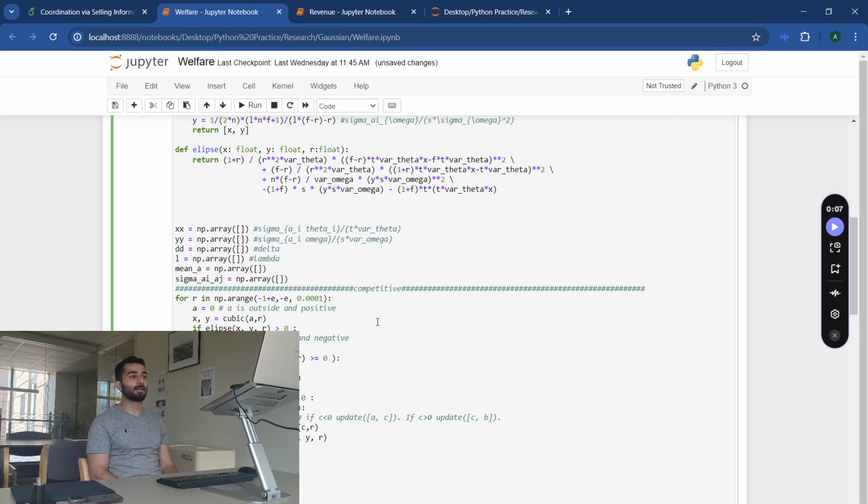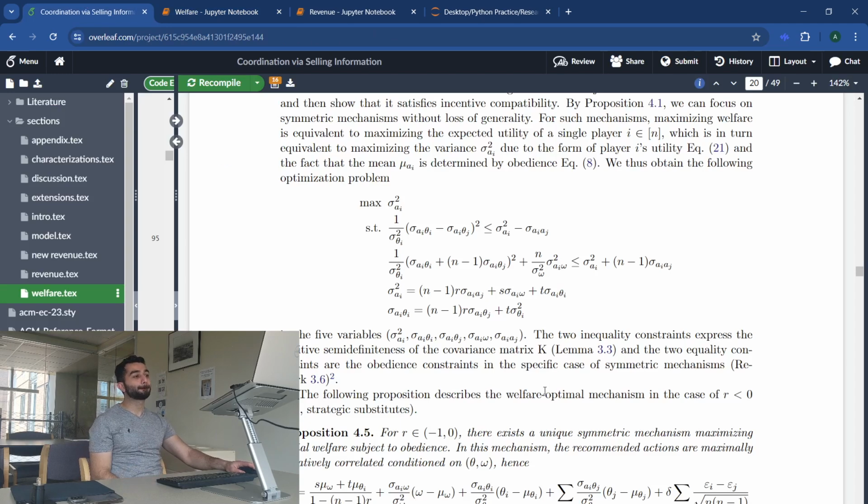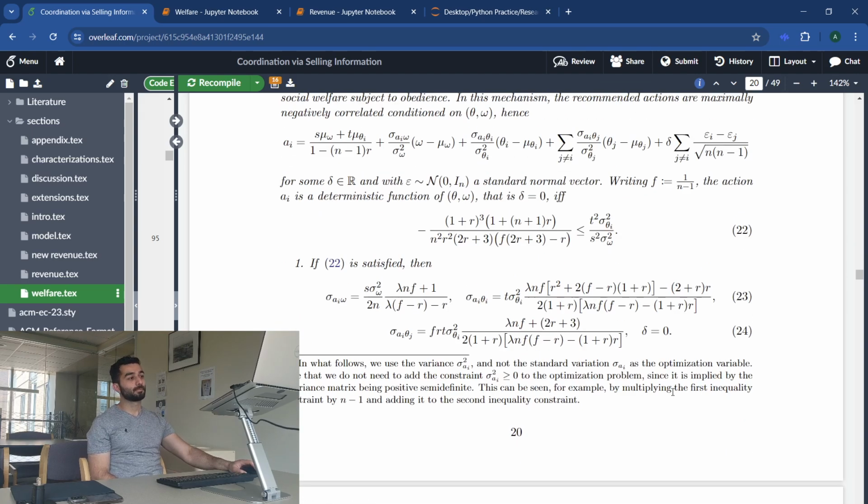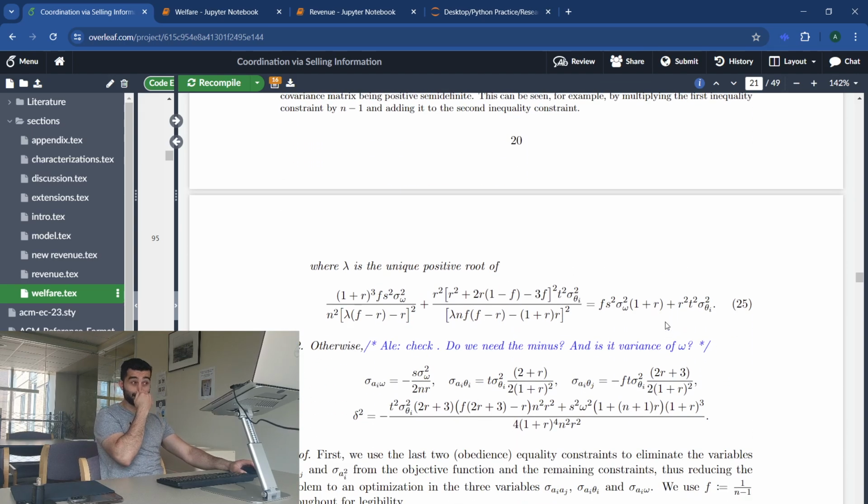And mean A, we know what it is. Sigma I A J. Is it for R negative only? Yeah. And lambda is okay. Now the other change is that lambda is the solution of this.